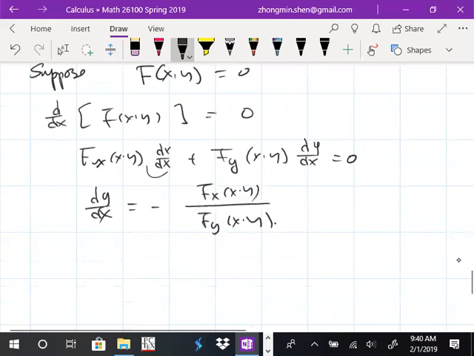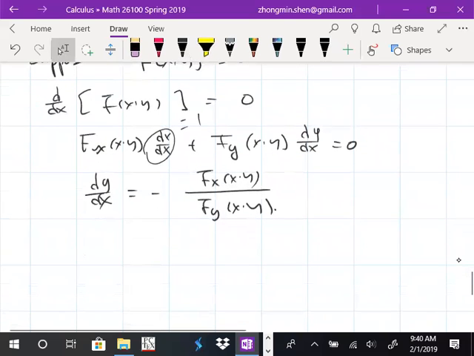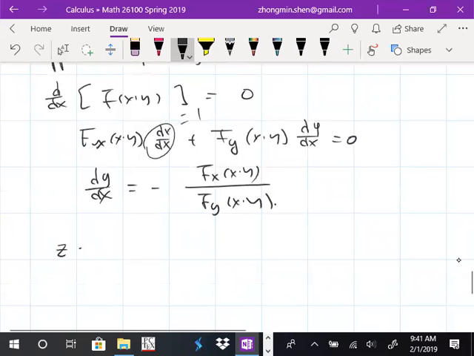Okay, this is going to be 1. The chain rule says that sometimes we just give an expression. Sometimes we can say z equals capital F of x, y.